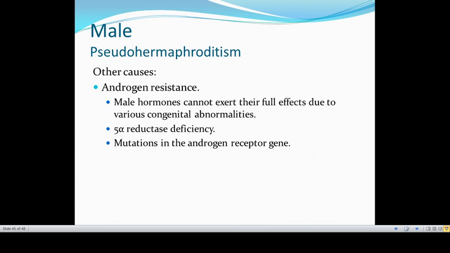Another cause of male pseudohermaphroditism is androgen resistance, in which male hormones cannot exert their full effects due to various congenital abnormalities.